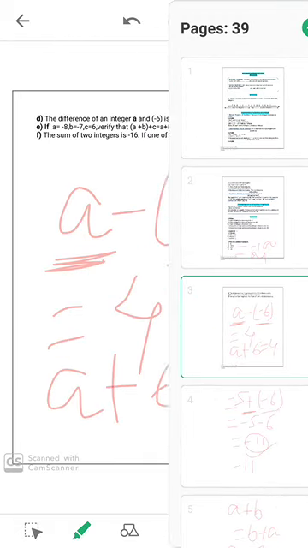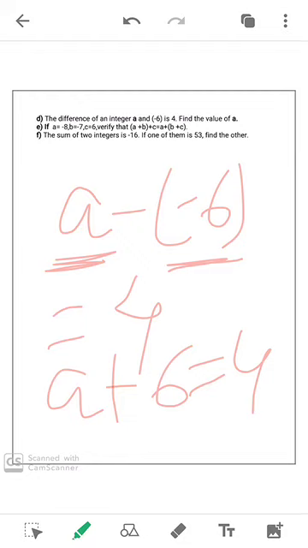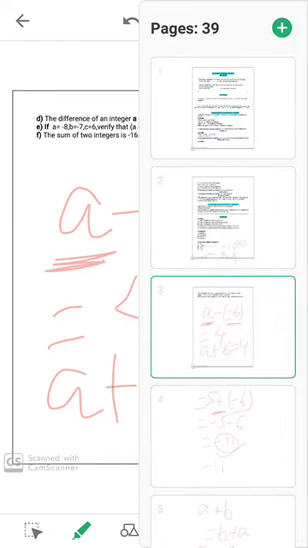Now from the last question, the sum of two integers is minus 16. If one of them is 53, find the other. Sum of two integers is minus 16, and one of them is 53.